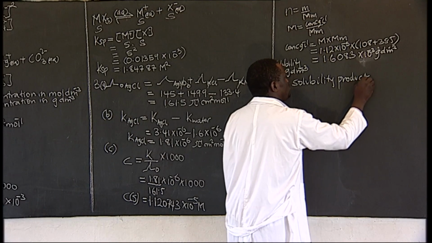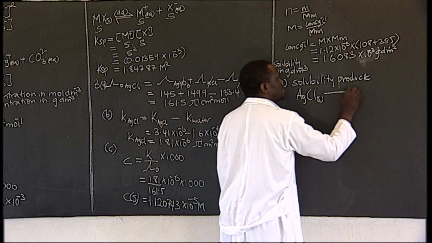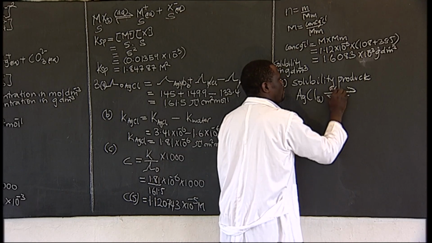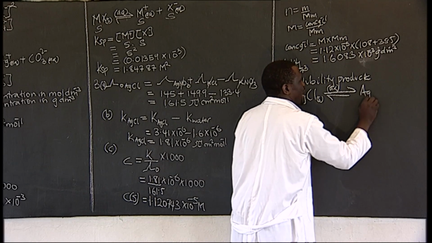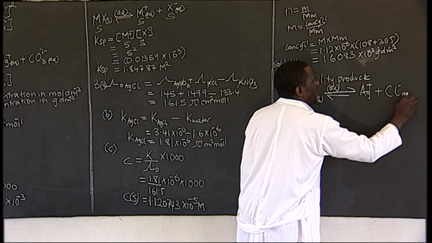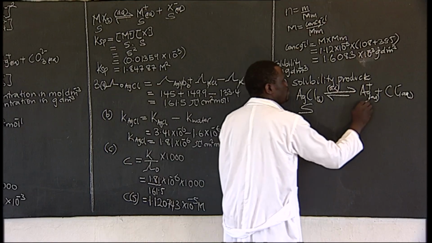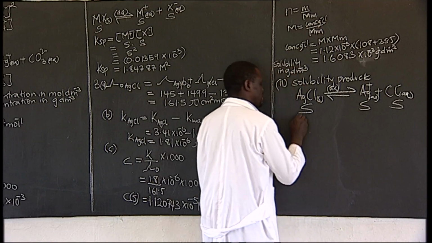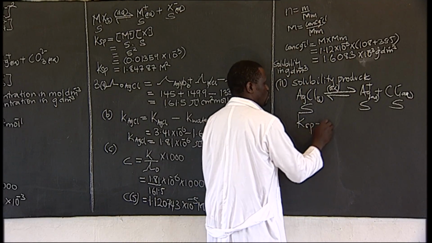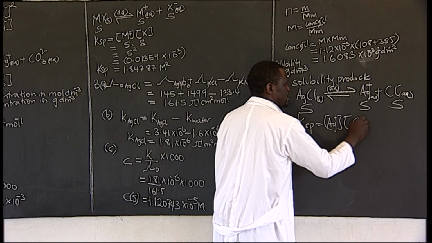So how do we get it? We first say silver chloride solid in the presence of water will give us silver ion and chloride ion, aqueous. If this is S, this will be S and this will be S. That is molarity. So KSP will equal this one and that one.